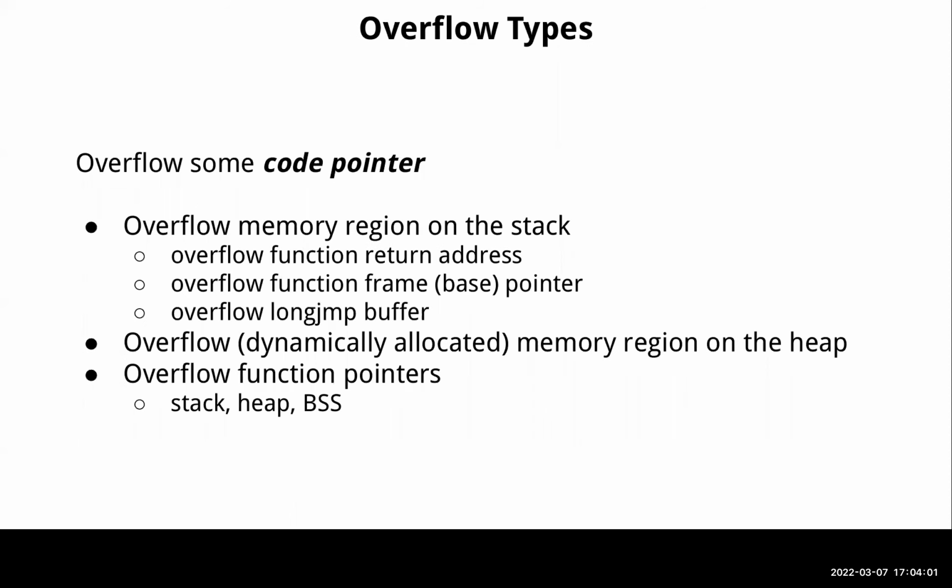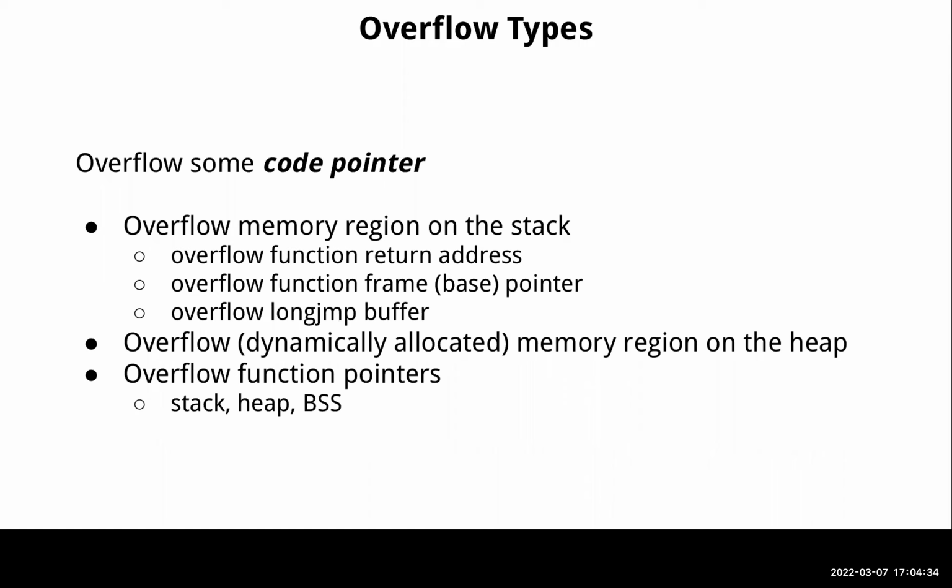To hijack the control flow, the attacker usually changes a code pointer using a buffer overflow, or stack-based buffer overflow. For all kinds of attacks, you don't have to use buffer overflow to do that. In the rest of the class, we will see other attacks that can also change a code pointer, but so far we're only talking about the stack-based overflow.